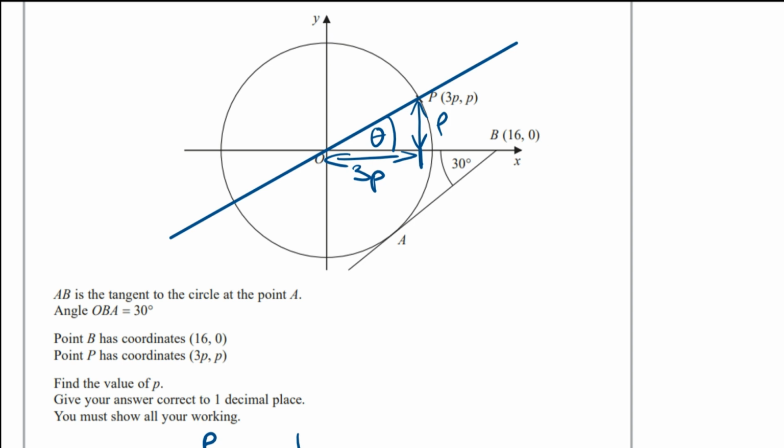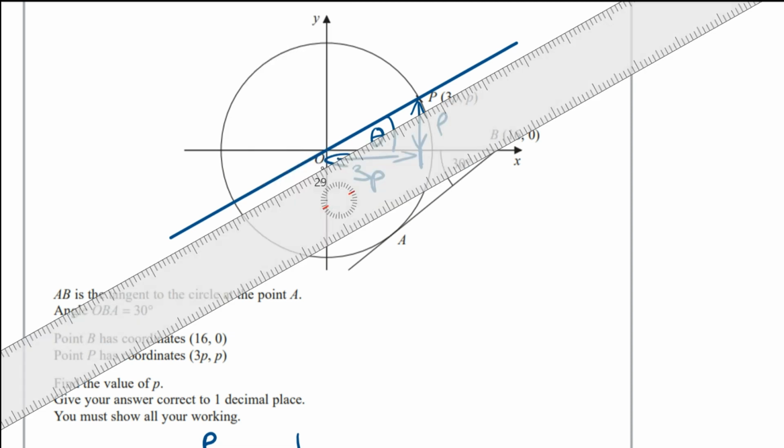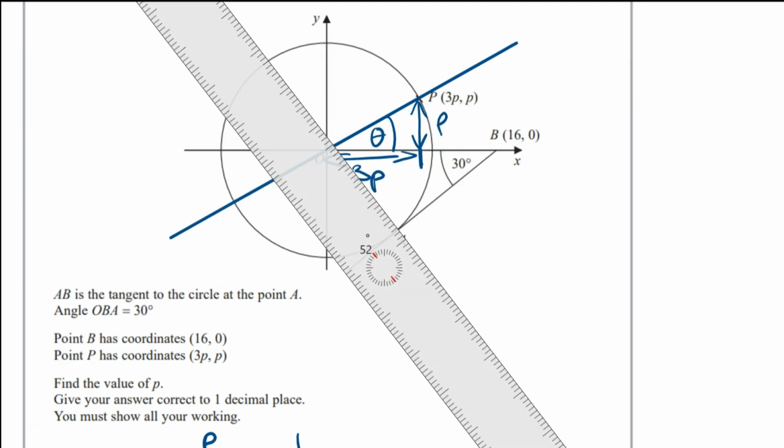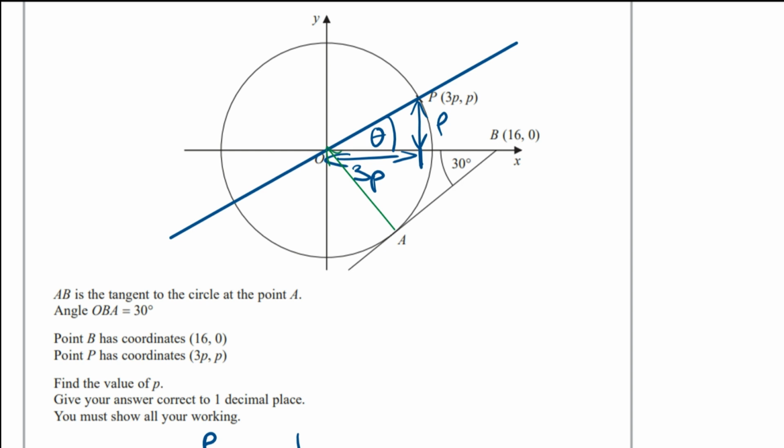So the way we're going to do this is I'm going to change colour just for clarity. Let's go with green. We know that this is going to be the radius OA, and by the way this is also going to be a right angle, and AB, so we know the length of our hypotenuse here.